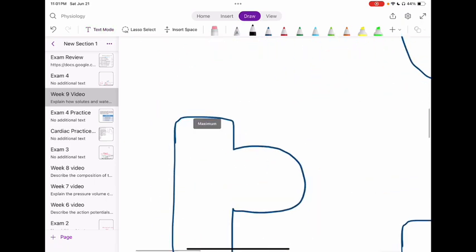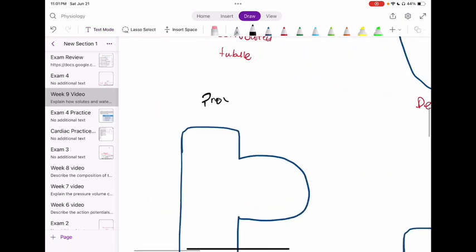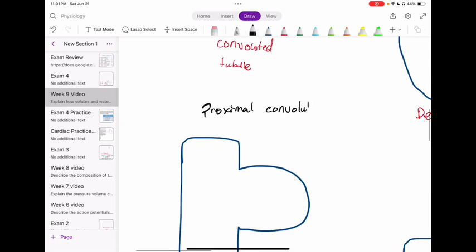Okay, so we're first going to talk about proximal convoluted. And there's a lot going on here.